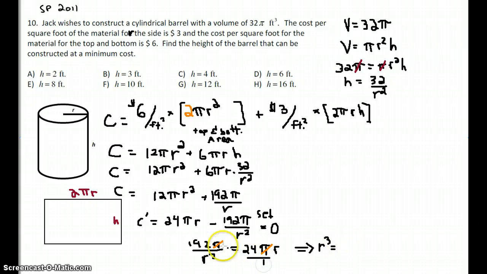So think of us as multiplying by r squared and dividing by 24 on both sides, ending up with r cubed is equal to 8 conveniently, so r is 2.